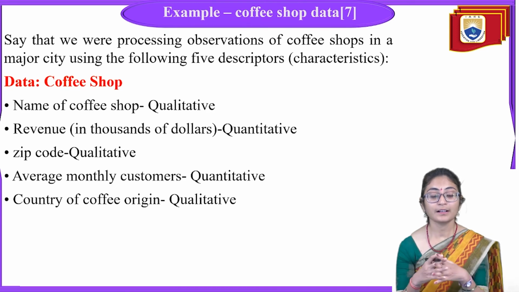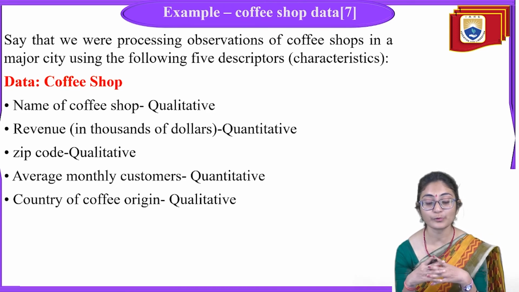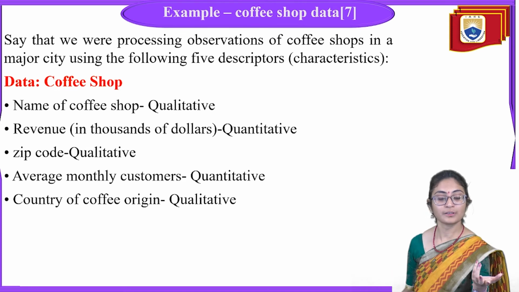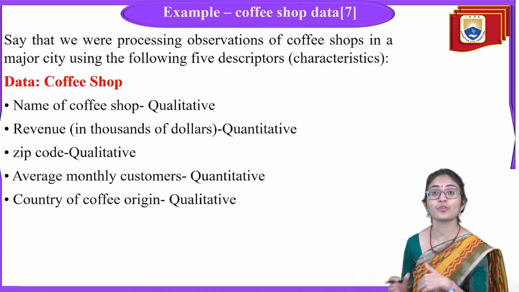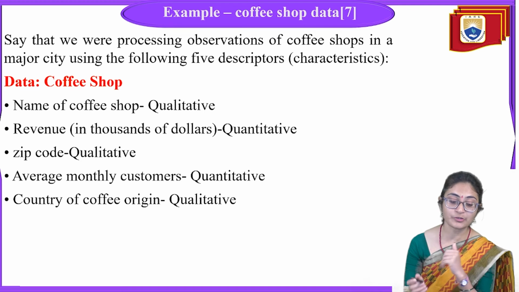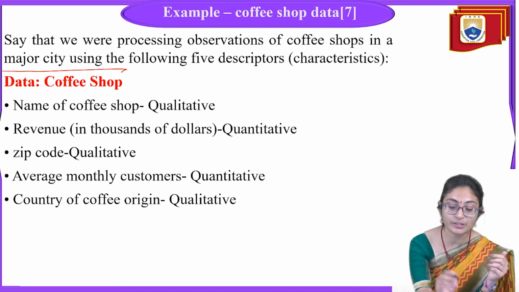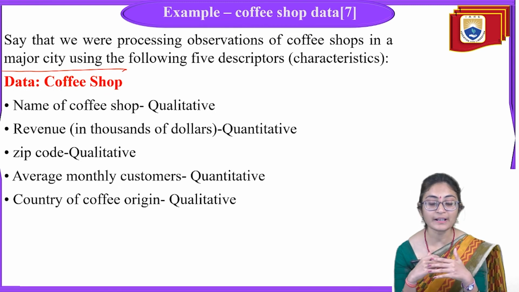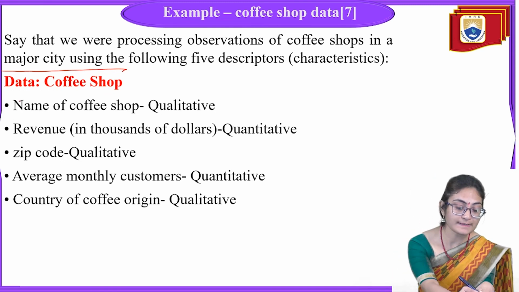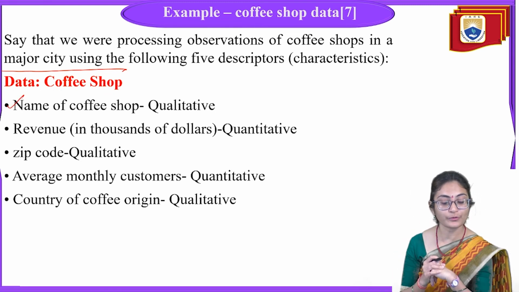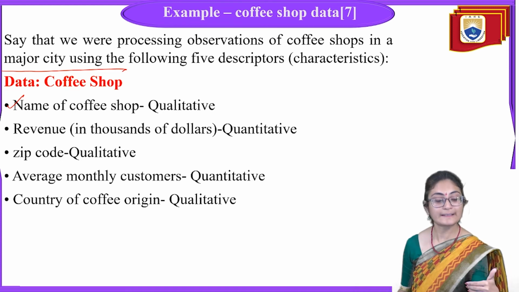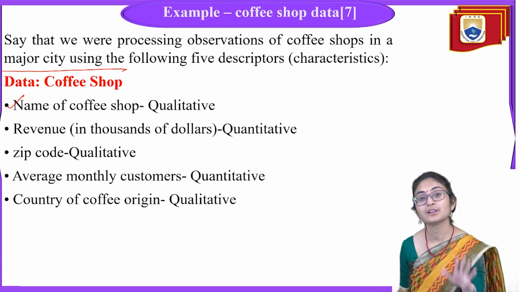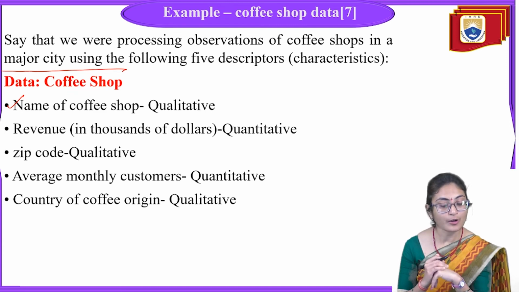We can see a good example of coffee shop data. We were processing observations of coffee shops in a major city using the following five descriptors: name of coffee shop, revenue, zip code, average monthly customers, and country of coffee origin.